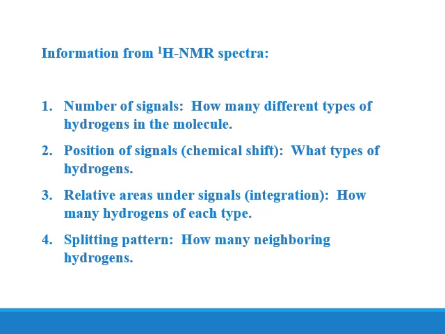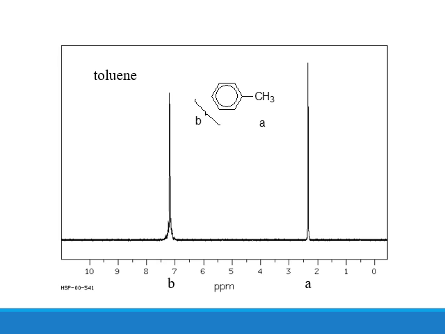The relative area under the signal can give us some information about how many hydrogens of each type we have in the structure. And the splitting pattern can give us some information about how many neighboring hydrogens we have. For example, in toluene here, we have two different hydrogens: the methyl hydrogens and the hydrogens in the benzene ring. That's why we have two peaks in our NMR spectrum.